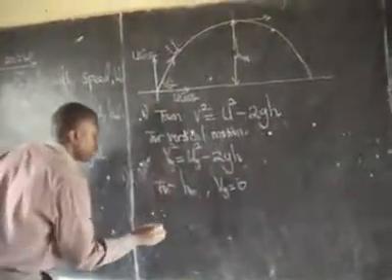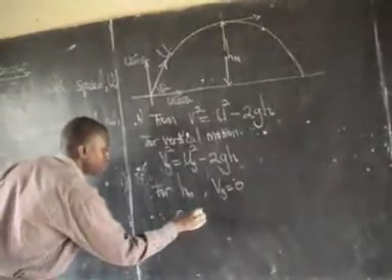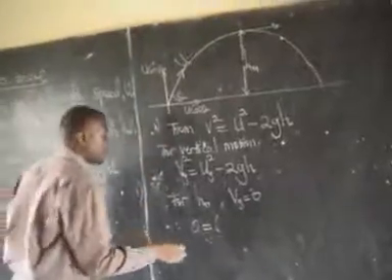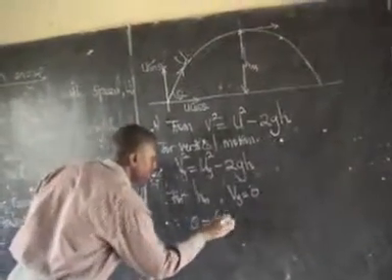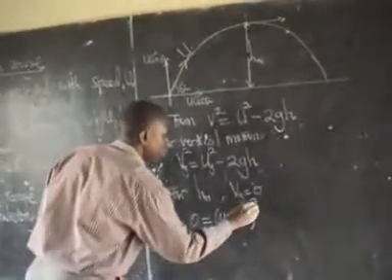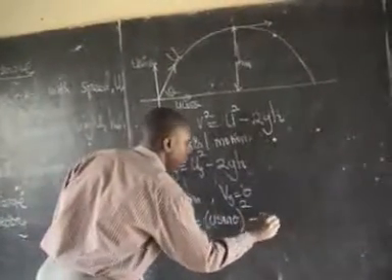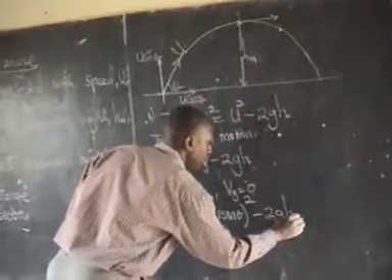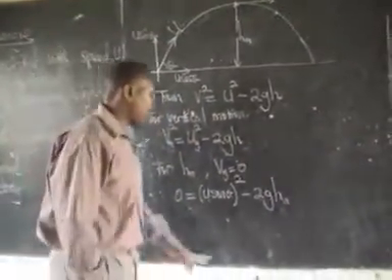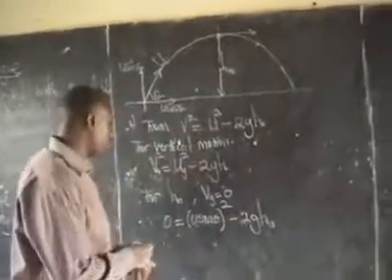Therefore, 0 will be equal to our initial component along the vertical, which is u sin theta, squared, minus twice g. Where there is h, I'm going to put that subscript and indicate that we are looking for the maximum height.